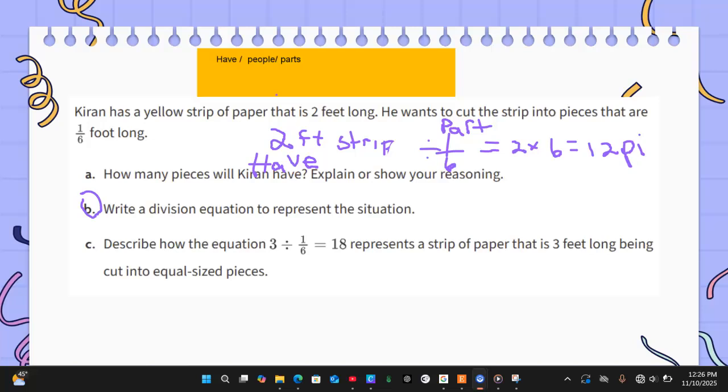Now I'm going to go ahead and type out an actual response for this. Again, we always have to start our equation with what we have.